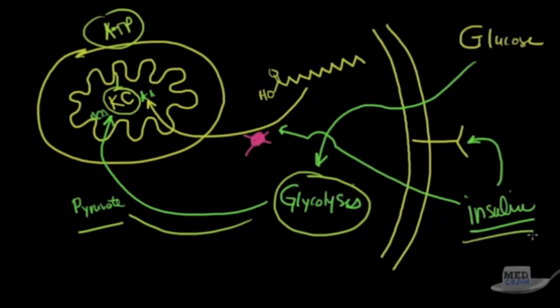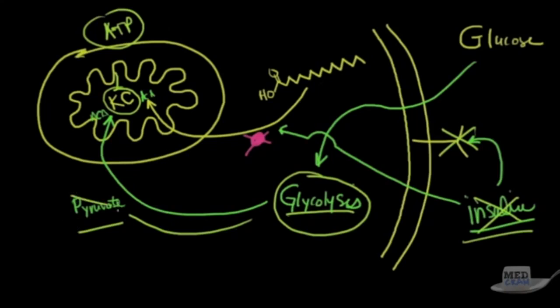Great. In the situation with diabetes mellitus type 1, where you have no insulin being secreted, or in the case of diabetes type 2, where you have a very strenuous state, high glucagon levels, high epinephrine, low insulin levels, what you have then is, in either of these cases, no insulin secretion or insulin resistance, in which case, and here's the key point here, glucose can no longer come into the cell.